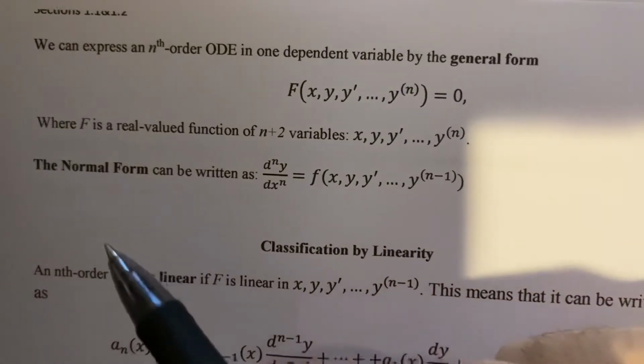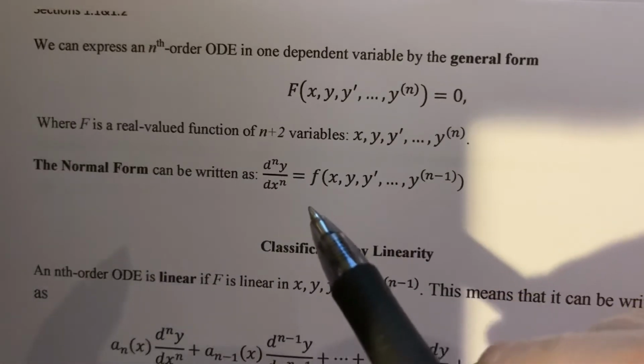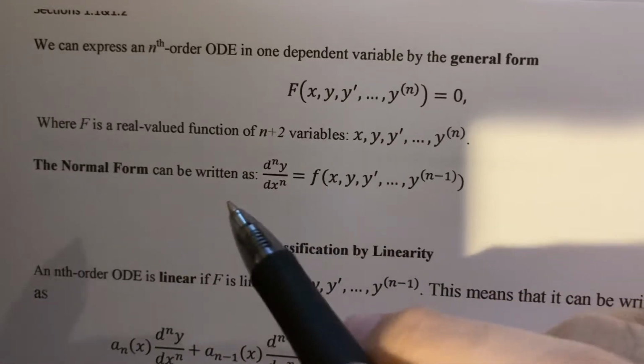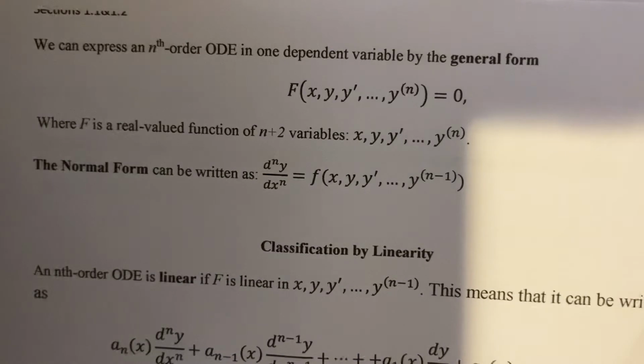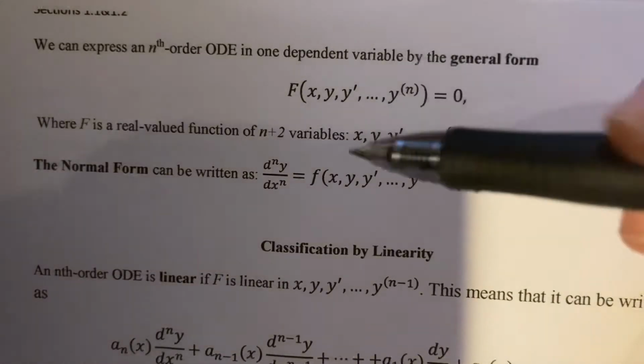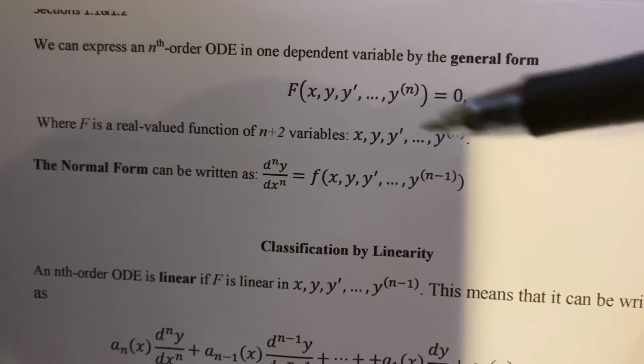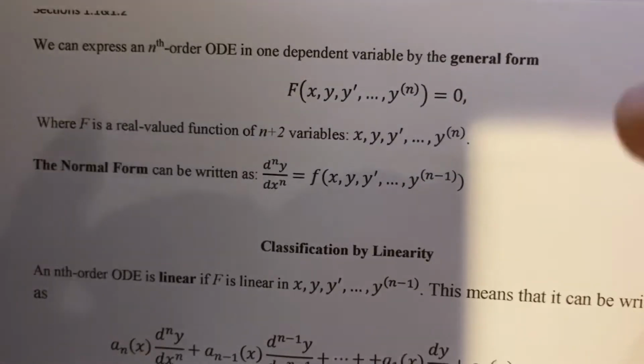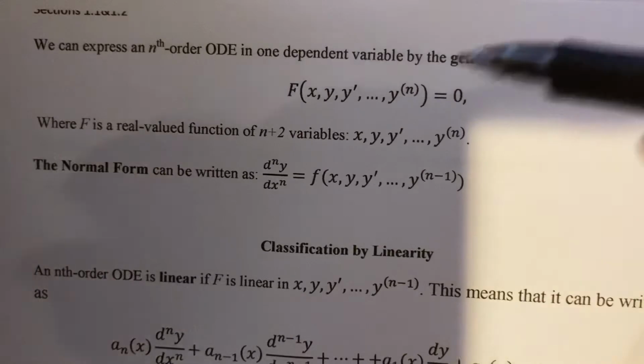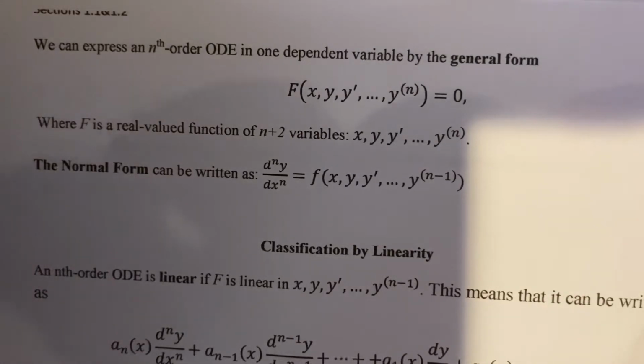The normal form is where you have the highest order derivative by itself set equal to the rest of the equation, all right? And that's why we have y sub n minus 1. That's the second highest order. The first is by itself. So two forms: general form and normal form.